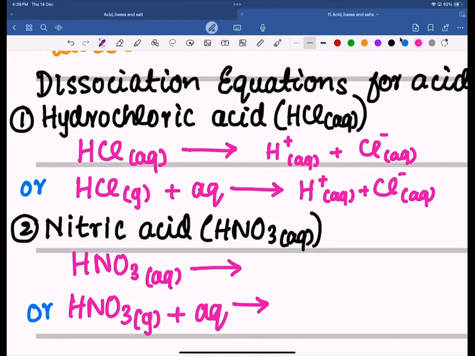Very good. Put the state symbol, AQ. Can you show me the equation? Very good. Sir, I have sent it to you on WhatsApp. Let me see. Okay, put the state symbols and put the charge. Put a plus between hydrogen ion and nitrate ion, Manahil.